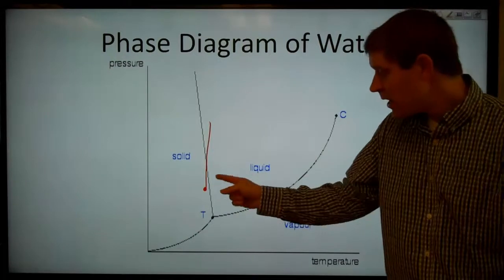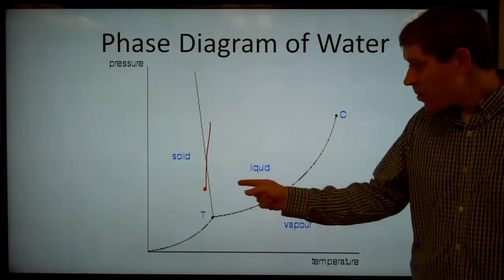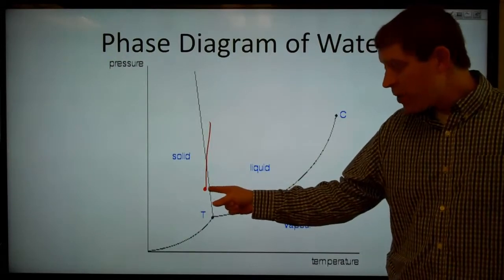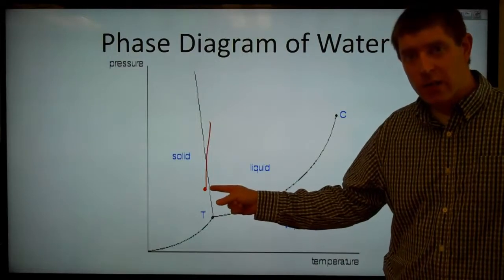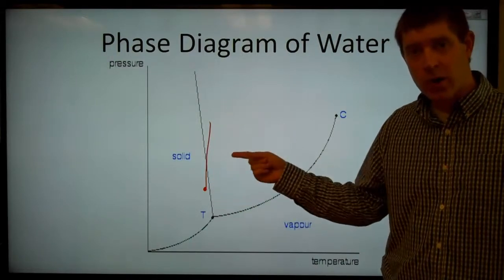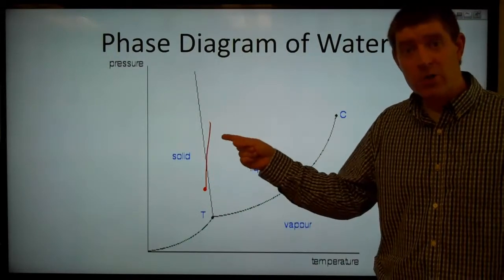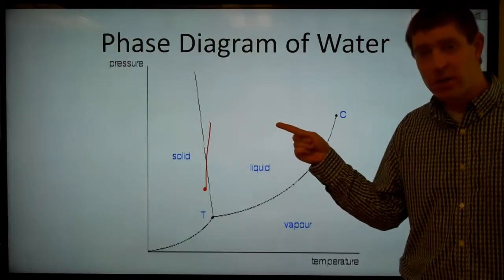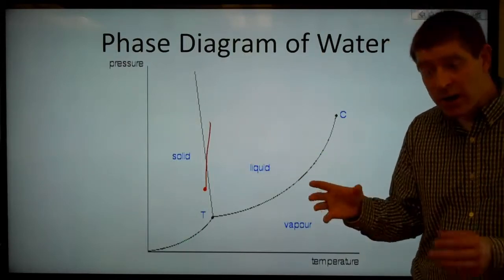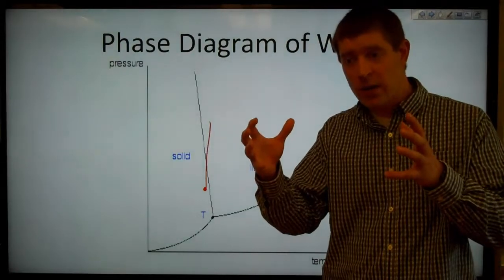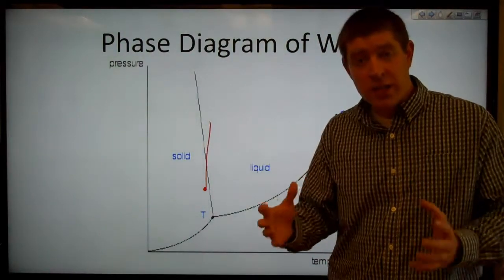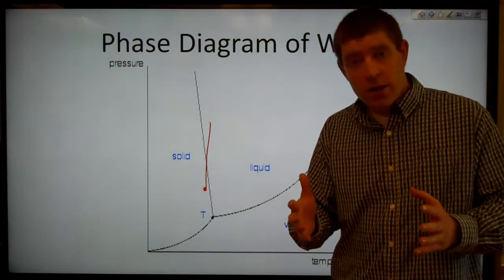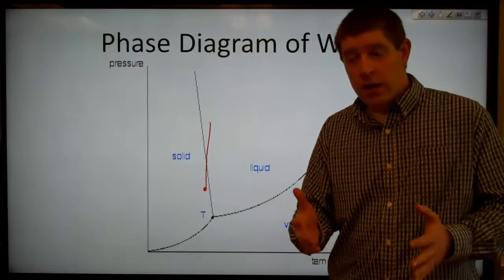Now, what this means is that you're able to exert pressure on solid ice and get it to melt into liquid water. Well, this is one of the effects that allows us to go ice skating. Because as you go ice skating, your body weight is being exerted downwards on the ice. But you're not on shoes, you're on ice skates.